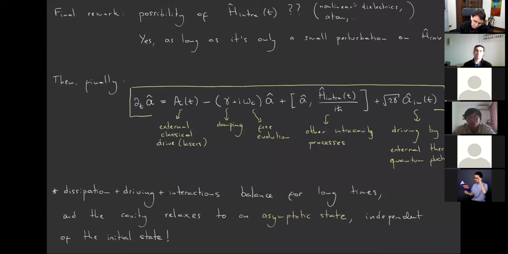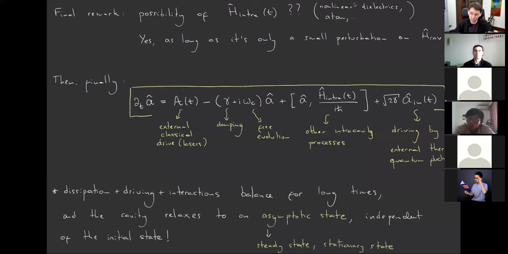You might hear other names for this. Sometimes this is called steady state or stationary state. But I don't want to use these names too much, because whenever you say steady or stationary, it usually means that it's time independent, but that's not what I am saying.